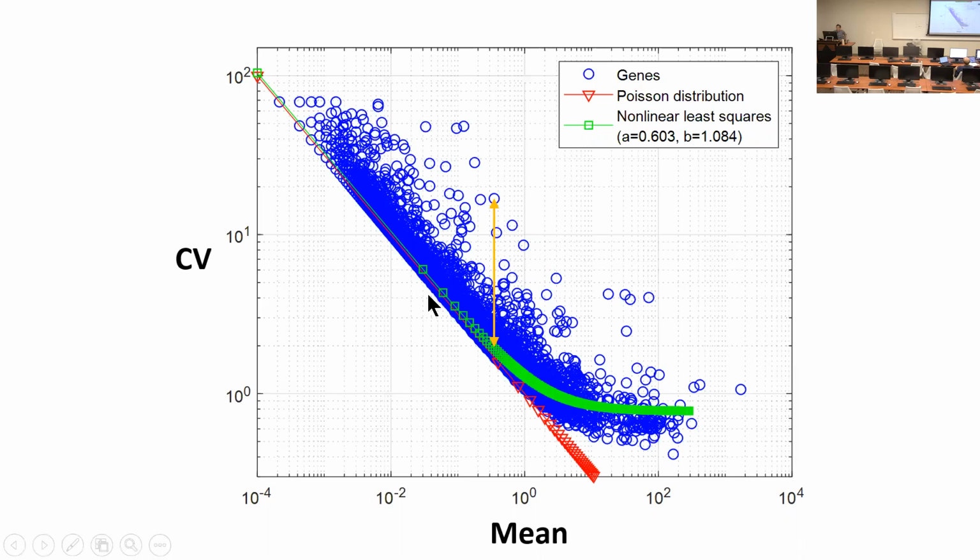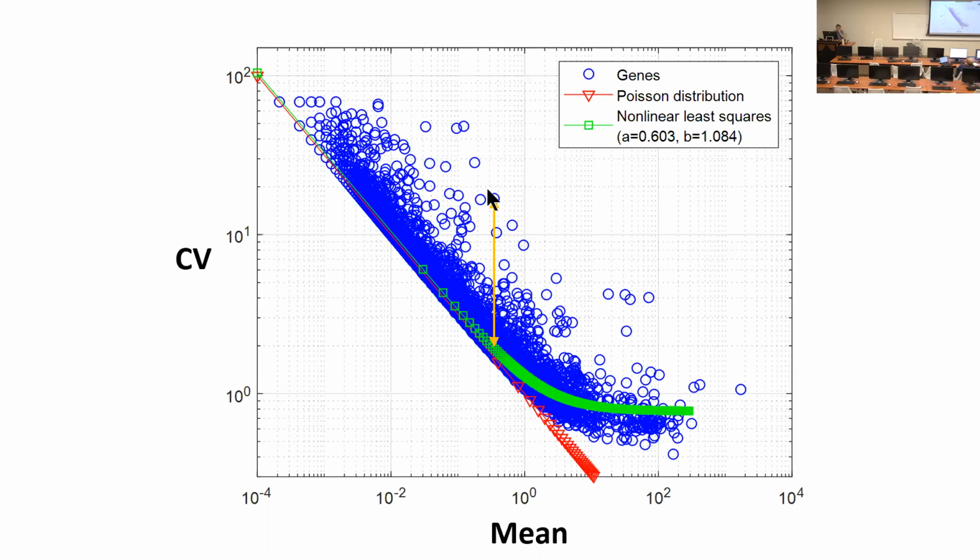So what's on this curve? If you have a gene, you know its average expression, the mean, and you can predict its CV. For this particular gene, for example, its predicted value for the CV is here, but in reality you observe its CV is much higher than expectation.